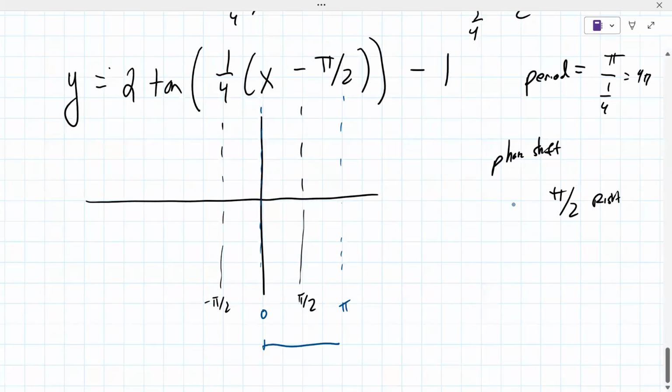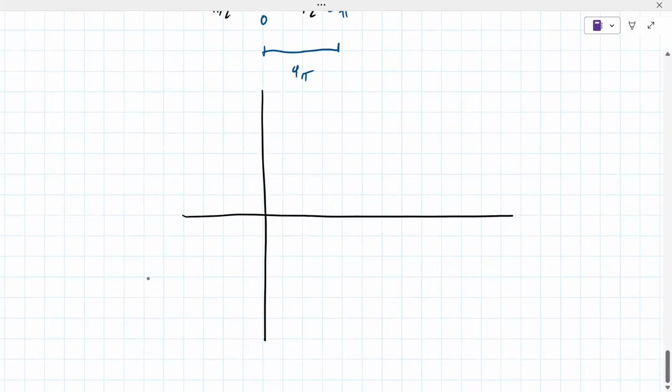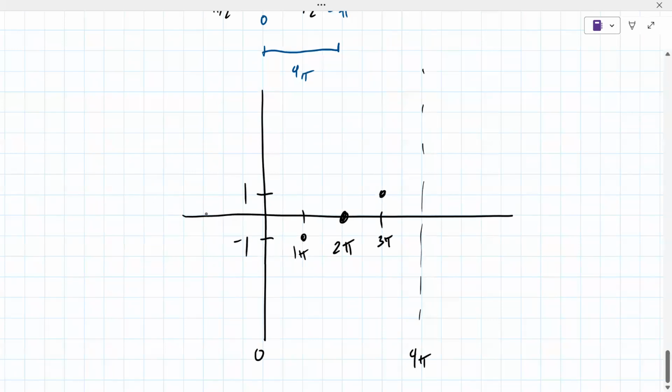So we have to readjust our graph. I'll just go out like this, call this 4 pi like that. Tangent, you go to the middle, 3 pi, 1 pi, up 1, and then it's got this shape to it.